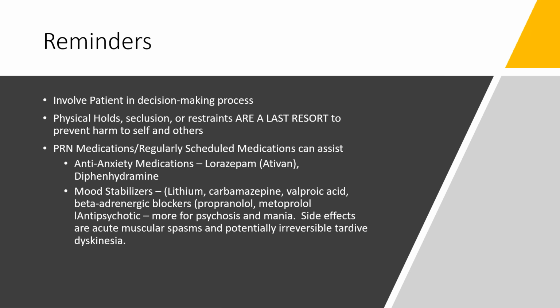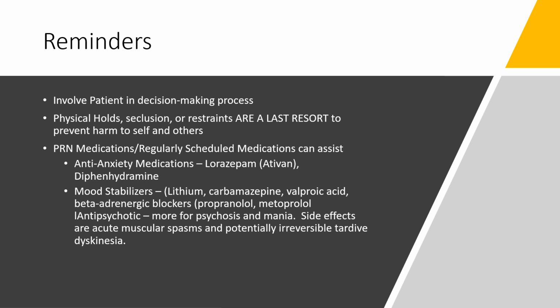Remember that physical holds, seclusion, or restraints are a last resort to prevent them from being a harm to themselves and others. PRN medications can be used, or regularly scheduled medications can assist them, including anti-anxiety medications like lorazepam or diphenhydramine or Benadryl.